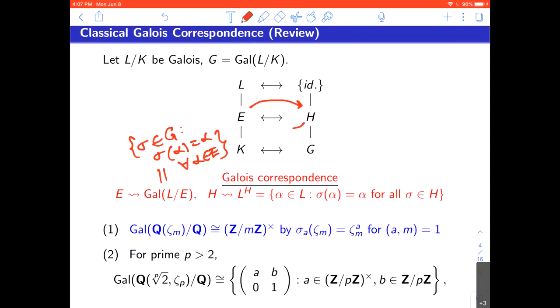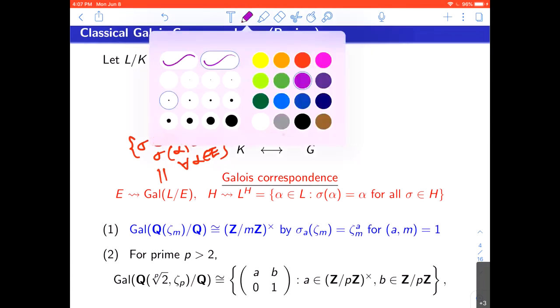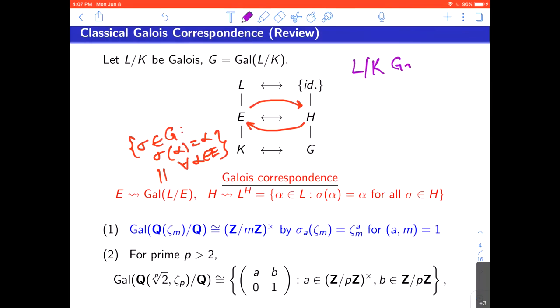And then given a subgroup of the Galois group, you can get an intermediate field, namely what I call L^H, the elements of L that are fixed by H. And the whole point is that L over K being Galois means the elements of L that are fixed by the whole Galois group is exactly the base field.